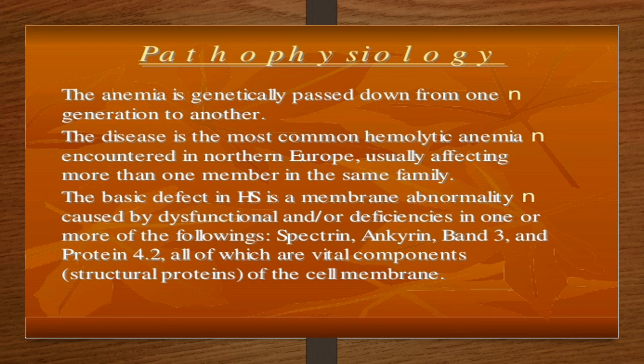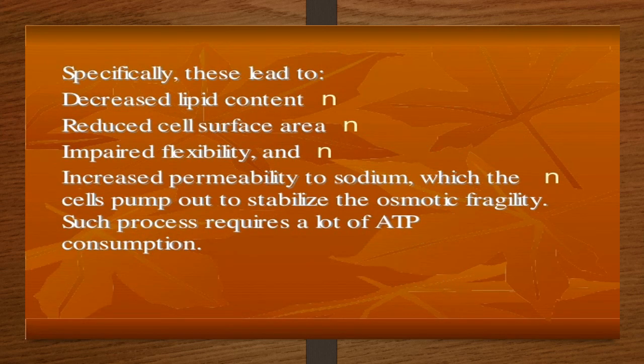The basic defect in hereditary spherocytosis is a membrane abnormality caused by dysfunction or deficiency in one or more of the following proteins: spectrin, ankyrin, band 3 and protein 4.2, all of which are very important for the structural protein of the RBC.